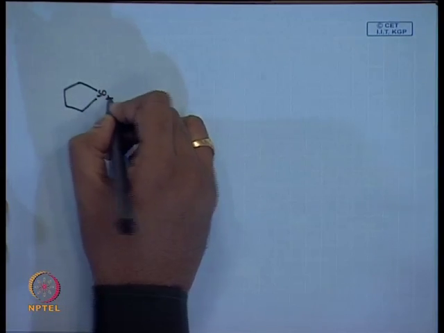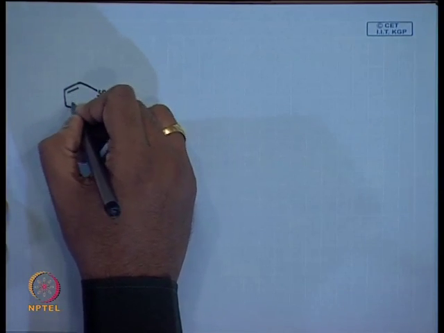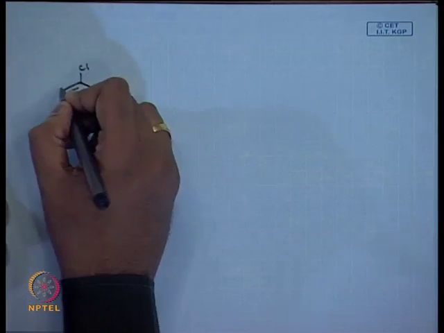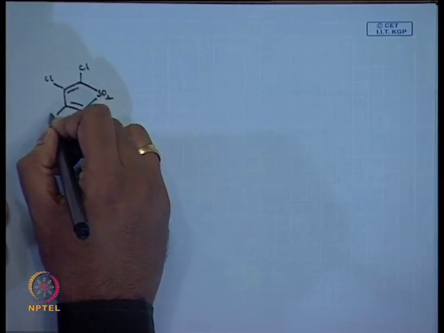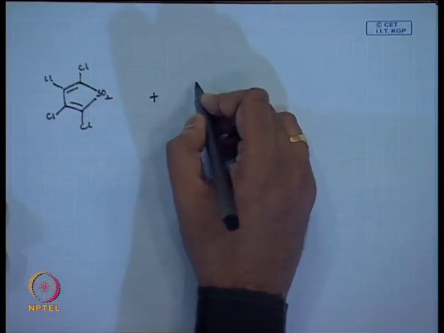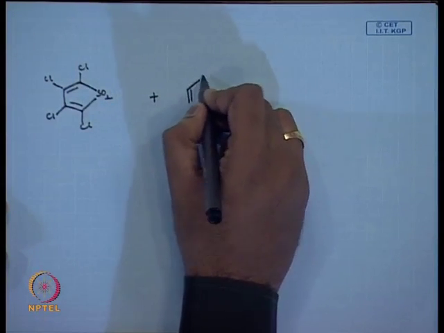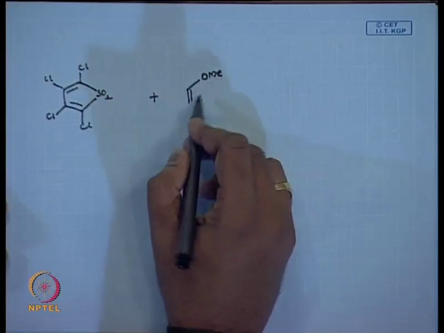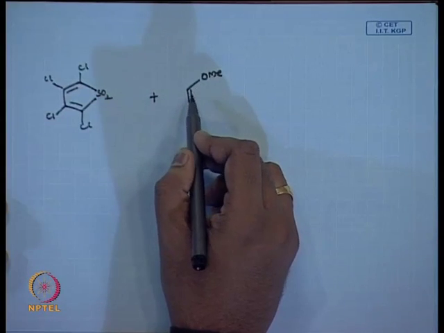You can have these types of systems. People have systems like this, with your dienophile having an electron donating substituent.